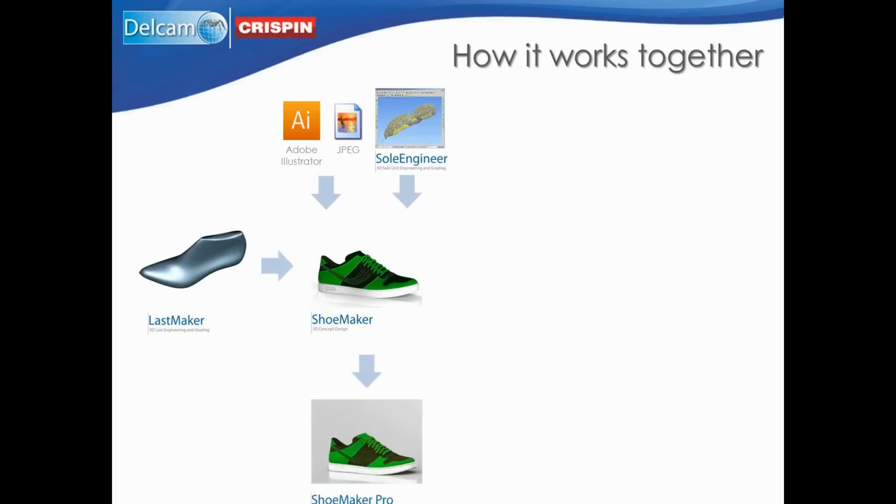Advanced modeling tools within ShoeMaker Pro enable you to add even finer detail. This creates a photorealistic final sample which can significantly cut down on the time and the costs associated with producing physical samples. This is because digital samples make design reviews more productive by reducing designer ambiguity.